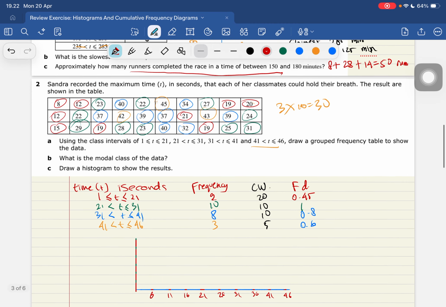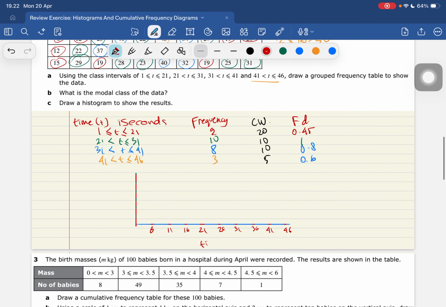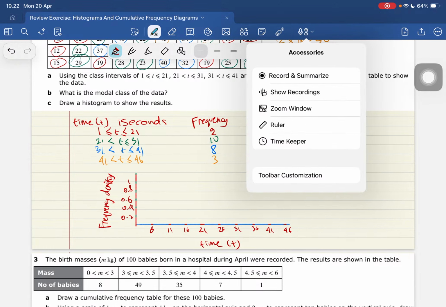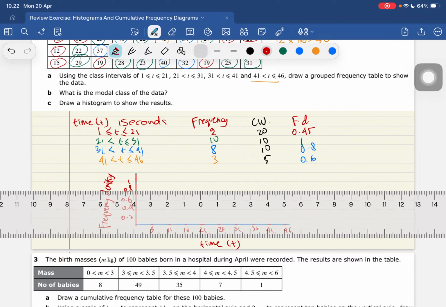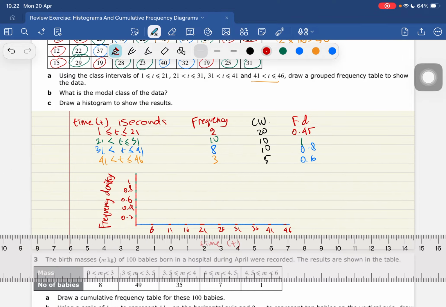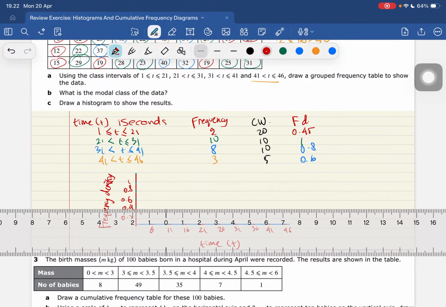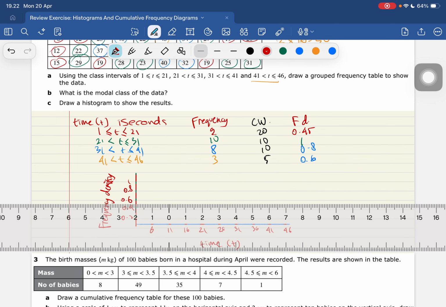So here is the time in t, and here is the frequency density: 0.2, 0.4, 0.6, 0.8, and 1. We can start. From 1 to 21, the frequency density is 0.45.